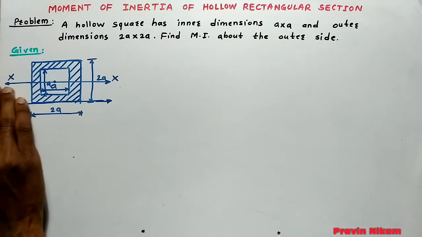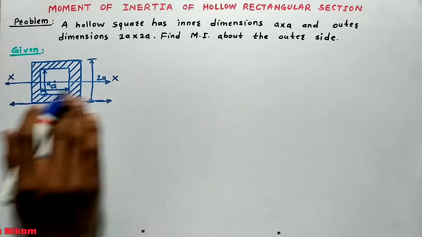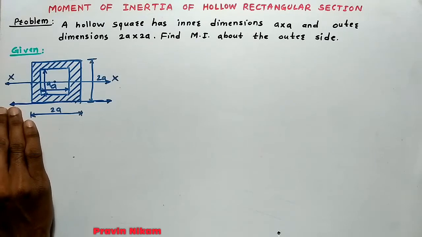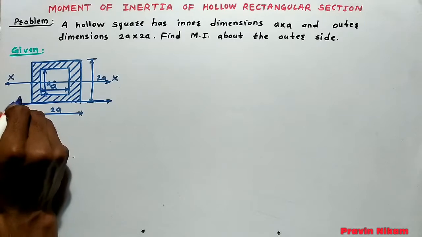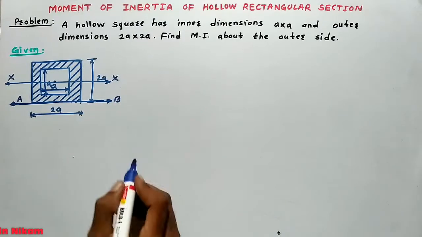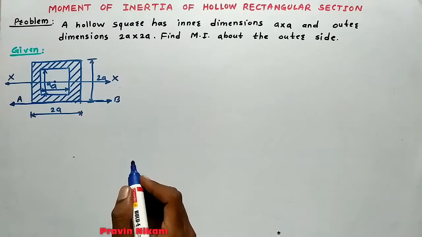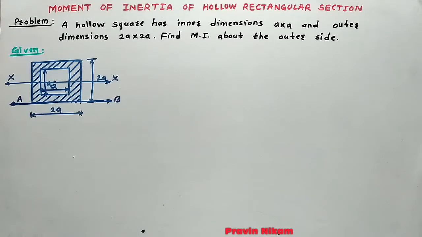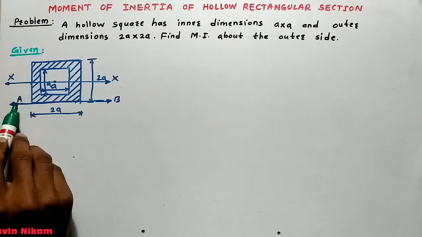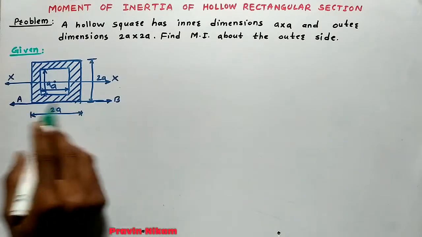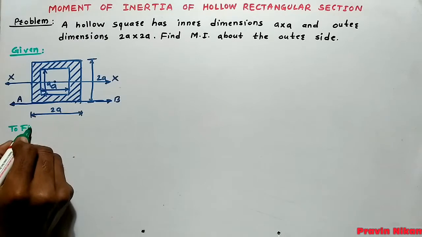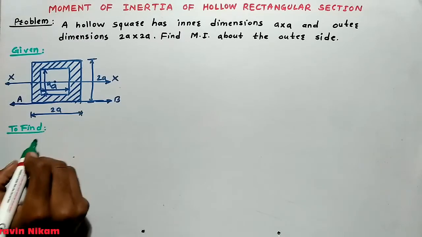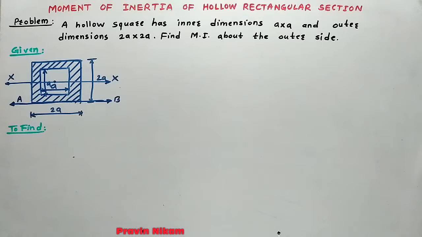I am taking the outer side as a horizontal side. So make this the AB axis. Now let us see how to find the moment of inertia about the outer side, that means we have to find IAB.